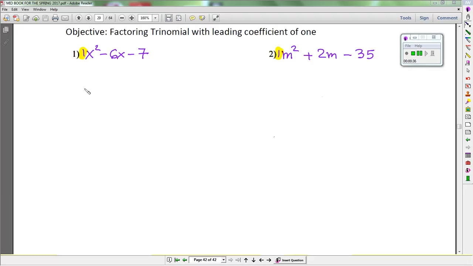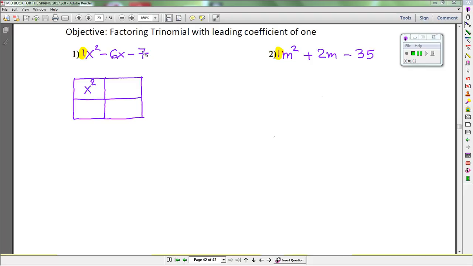So let's begin now. We factor using a 2 by 2 box. The first thing you have to do is draw a box or a square and divide your square into 4. The next step, I'm going to put the first term in the top left corner, so it will be x squared, or 1x squared.